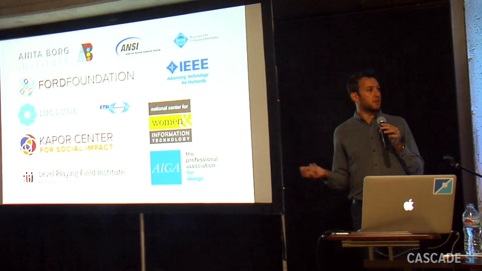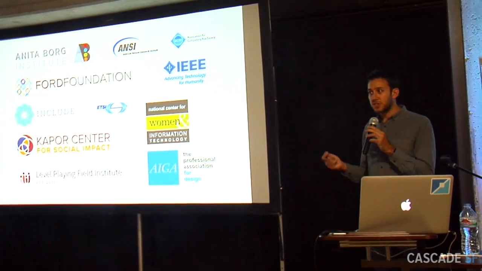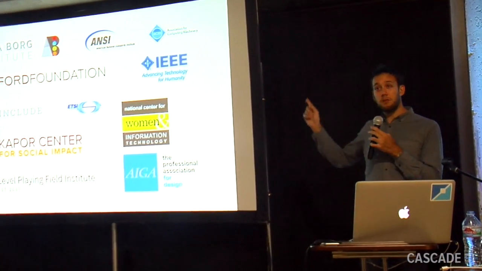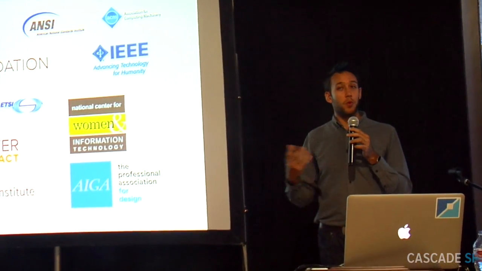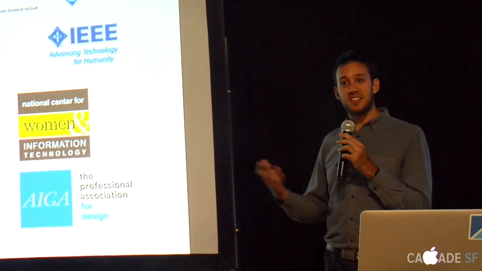If we were to create a code of ethics for our industry, the first step would be to start talking to all of these organizations and work together to produce something that everyone can stand behind. Because this cannot be a singular effort that creates another logo on this slide when everyone else is like, who are you? What?